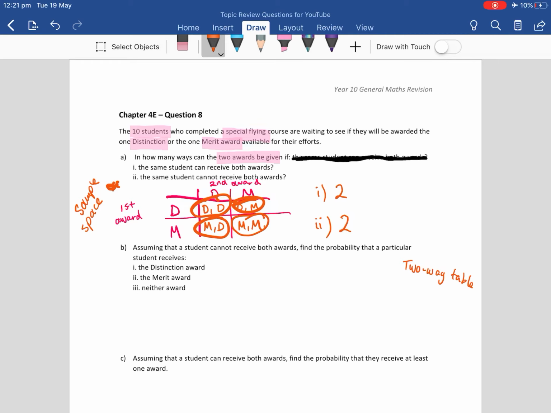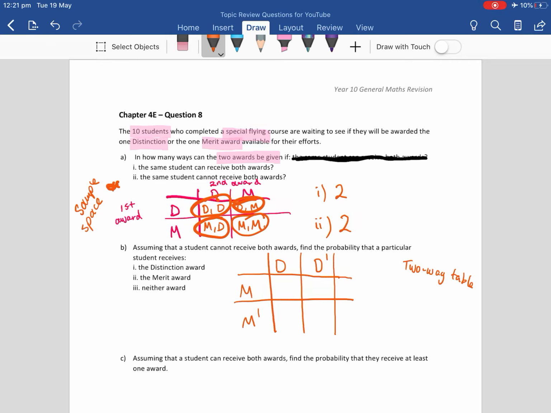Okay, so you can either get a distinction award or you don't get a distinction award. And you can either get a merit award or not a merit award. So do up your table here.